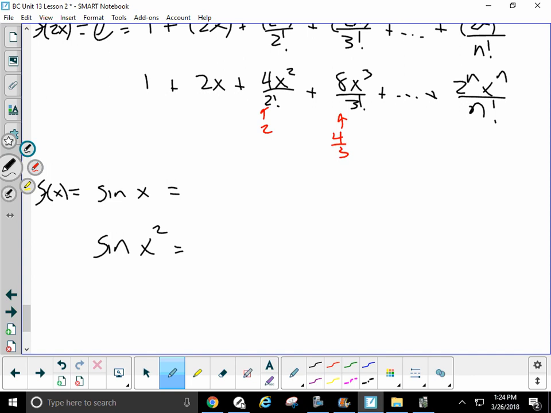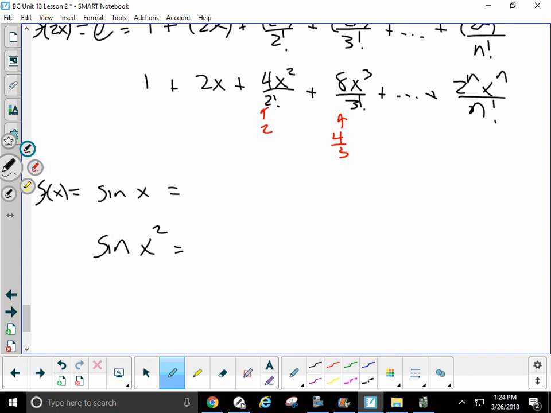The first derivative would be cos x squared times 2x. Then for the second derivative, you'd have to use the product rule, and that's going to be complicated. This is just like question number 10 from your free response. We're going to get to it.